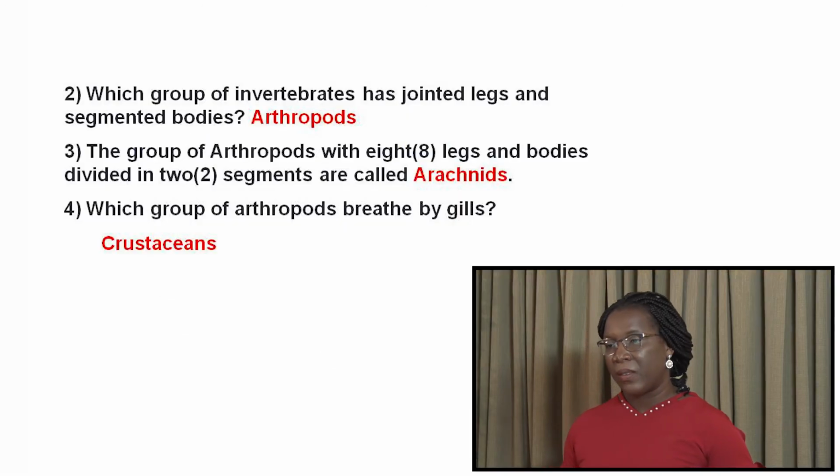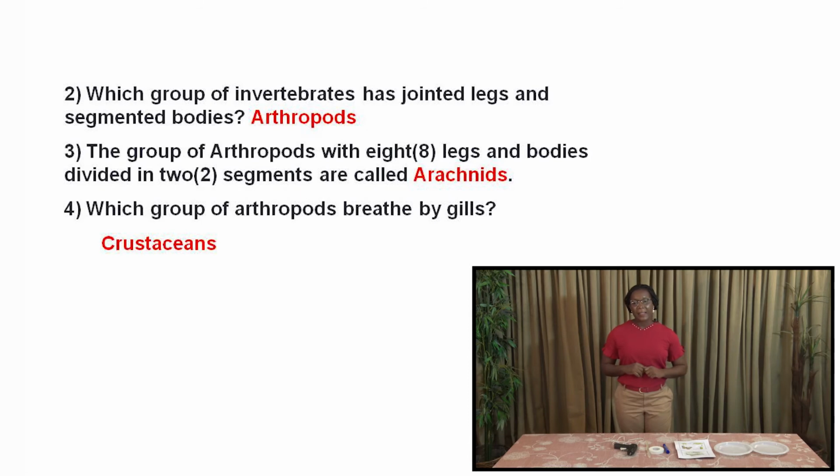Number 2. Which group of invertebrates has jointed legs and segmented bodies? Answer: arthropods. Number 3. The group of arthropods with 8 legs and bodies divided into 2 segments are called arachnids.